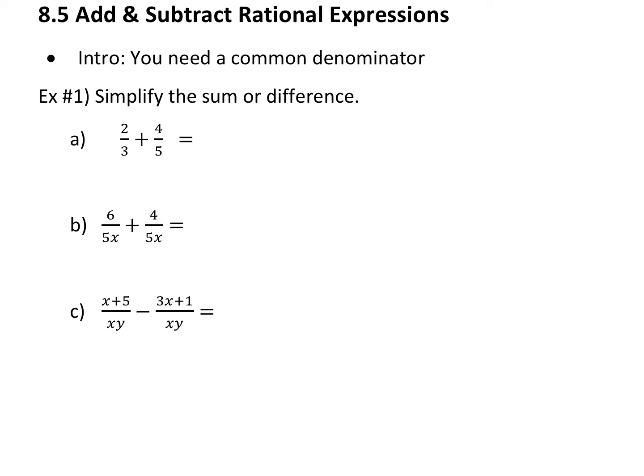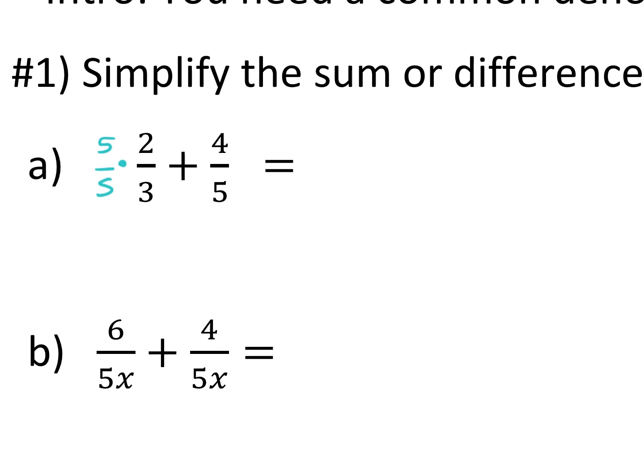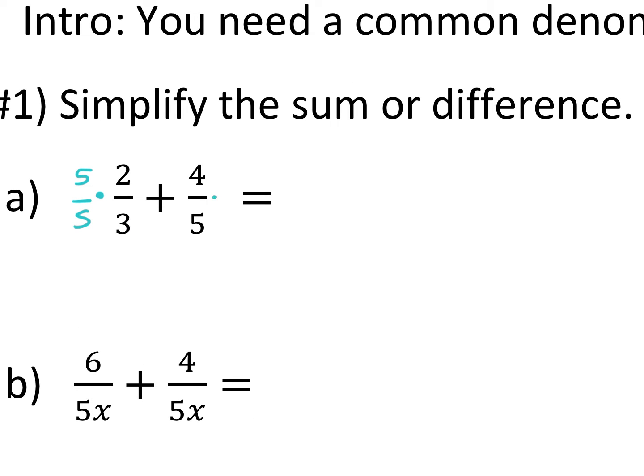So what we're going to do is multiply that first fraction. Remember, you can't just multiply by 5 because that's not going to keep our same value of the expression. So we have to multiply by 1 by calling it 5/5, right? And then we have to multiply by 1 here by calling it 3/3.